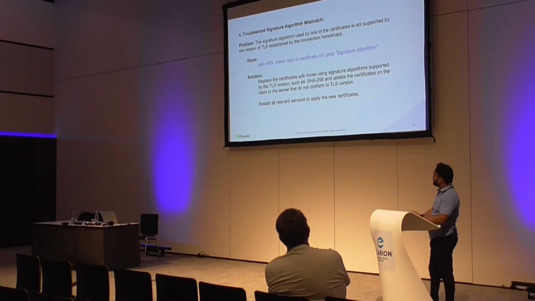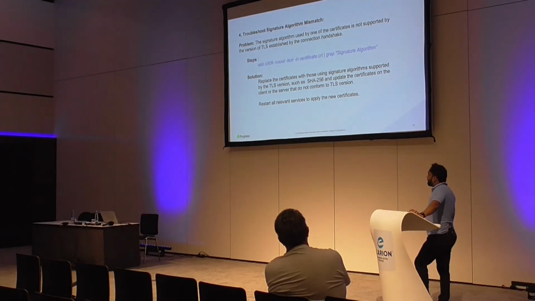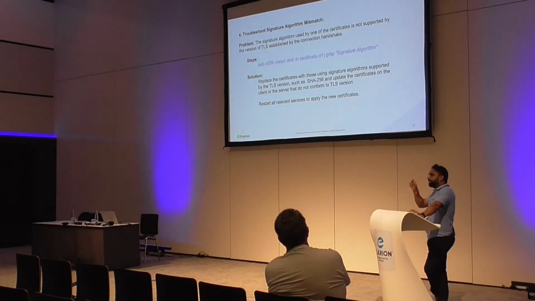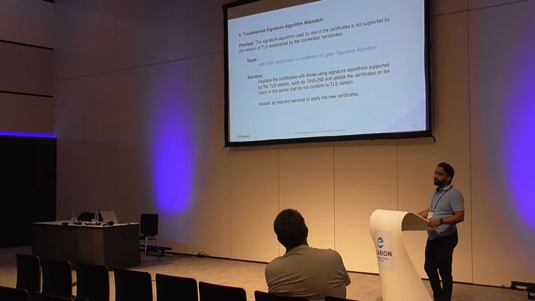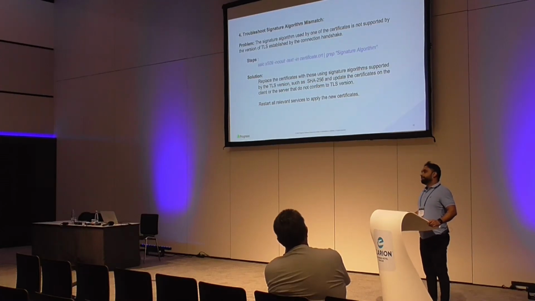You will go to the certificate and grab the signature algorithm inside it. It will give you the algorithm name, and you need to see whether that particular algorithm is supported for that particular TLS version. If it is not supported, then you need to generate a new set of certificates using the correct signature algorithm.